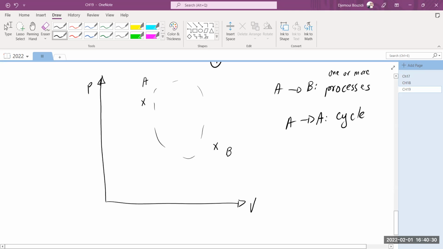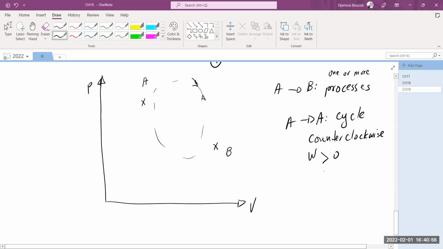A cycle can be traversed in two different ways, either counterclockwise, and in this case, like this. No, this is clockwise actually. So this is counterclockwise. If we do it this way, the work will be positive.